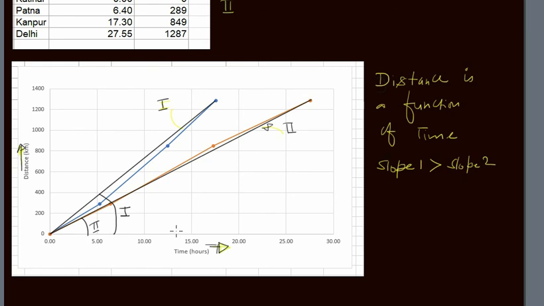So if somebody showed you this graph and you see that slope 1 is bigger than slope 2, you will know that the larger slope covers the same distance in a shorter time.